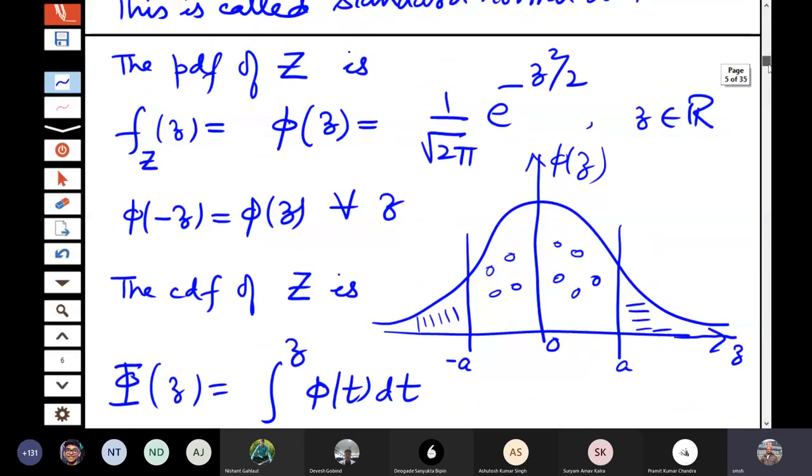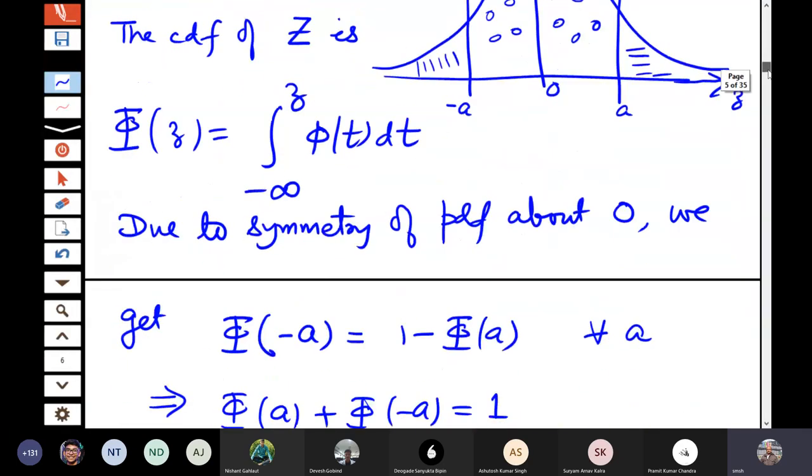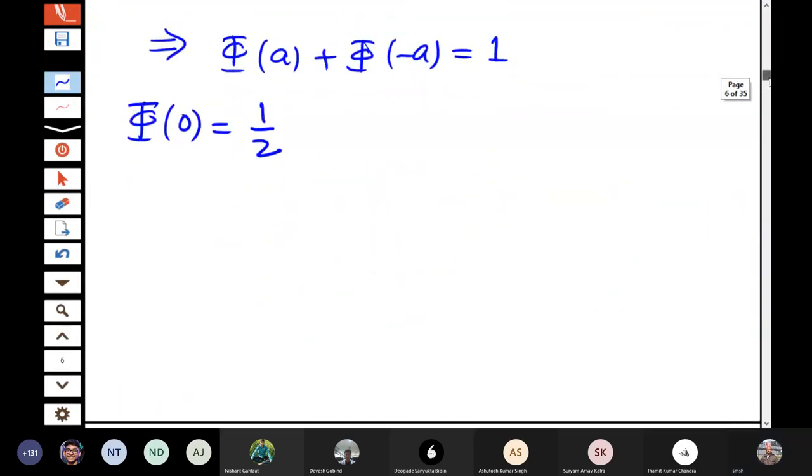So it has to be done using numerical integration only. So therefore, this property of symmetry is very useful because the tables are then given only for one-sided. Okay. So if we want to calculate the probabilities of any normal distribution, then we transform it to standard normal and we calculate it.